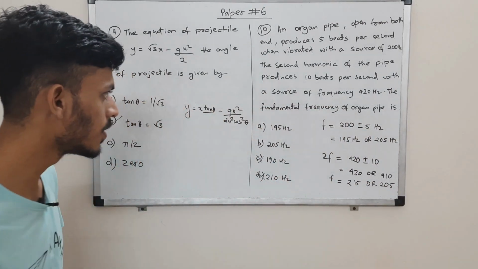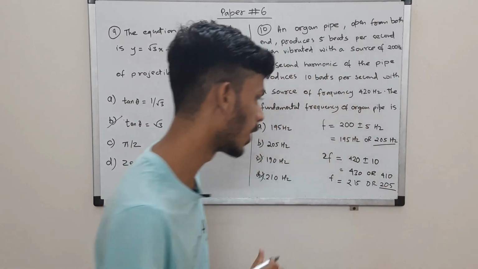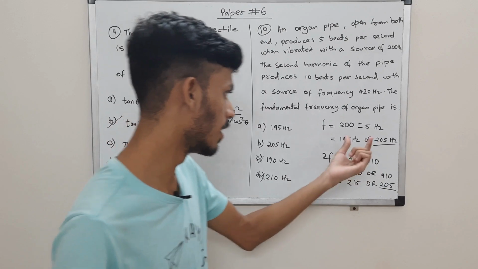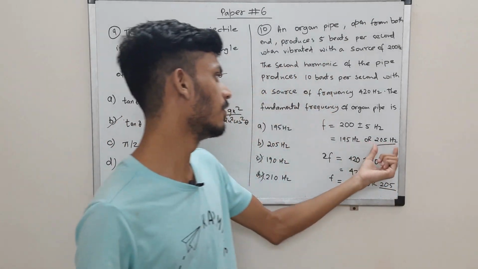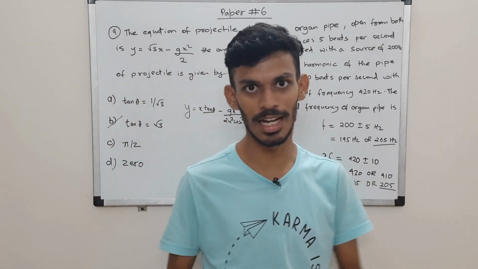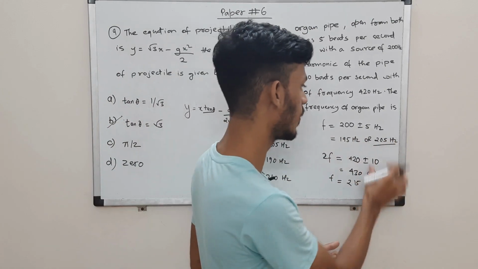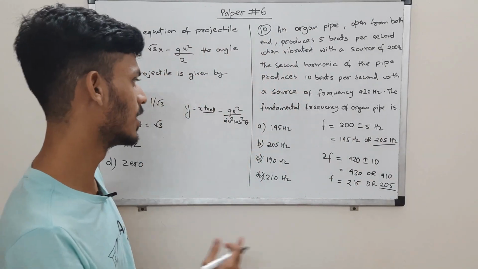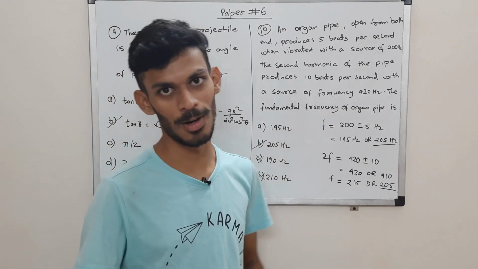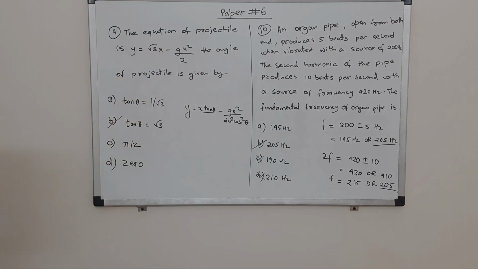If you see, only 205 hertz is the organ pipe that satisfies both the conditions. This pipe will produce 5 hertz with the first source, and it will produce 10 hertz with the second source. The rest of them do not satisfy both the conditions. 205 satisfies both, which means that 205 is the fundamental frequency of this organ pipe. Yeah, that's our answer. Over to the next question.